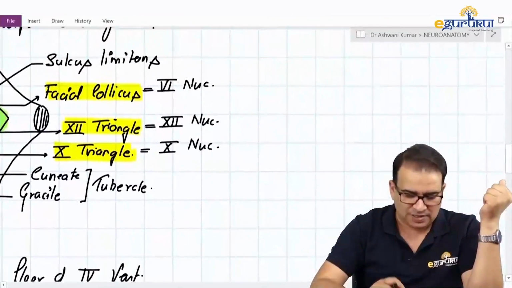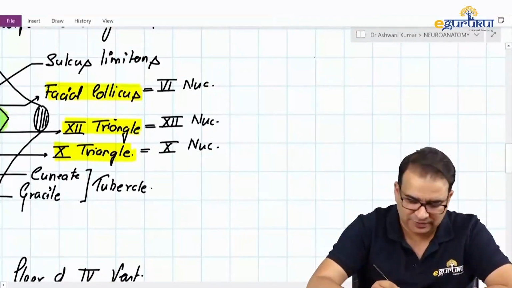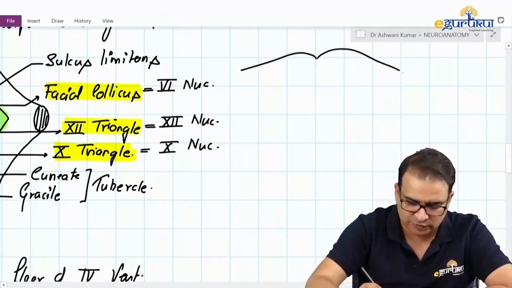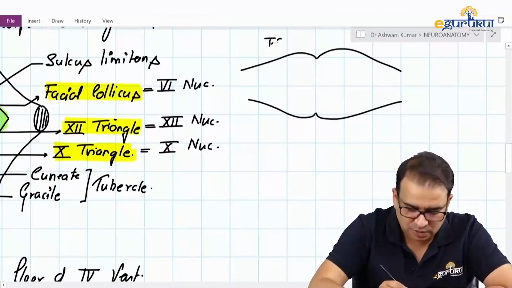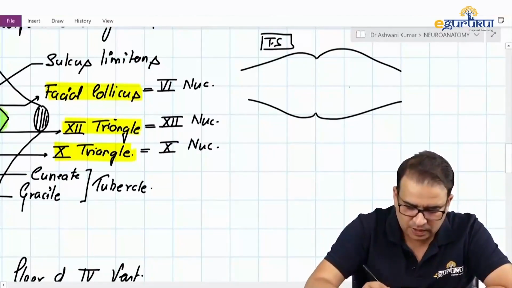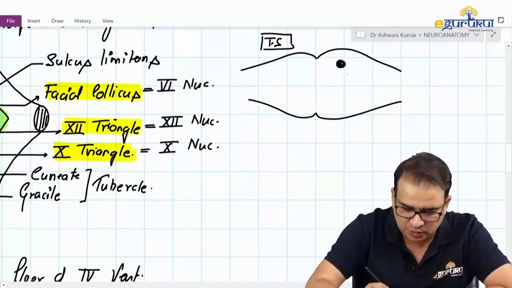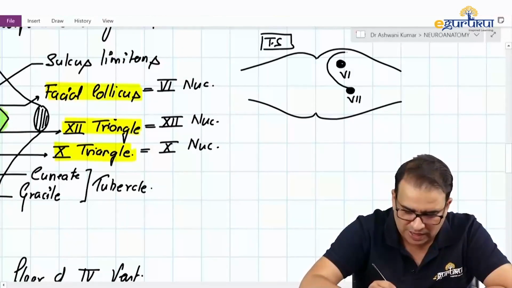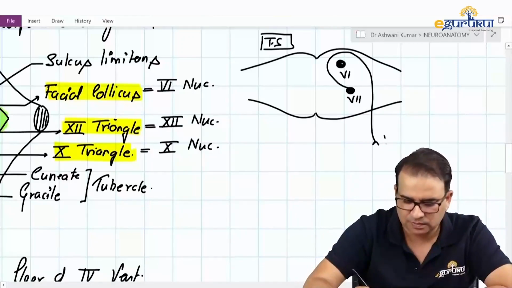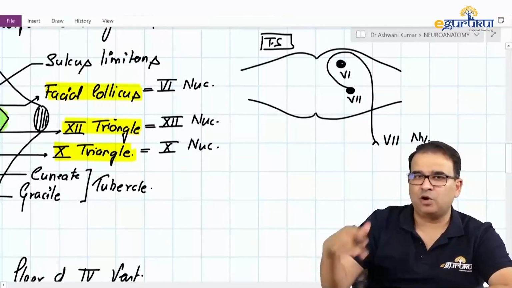What I'm trying to say is, let's say this is a section of the pons, a transverse section of the pons, which we'll be discussing in a while. Here we have the sixth nucleus, and somewhere inside we have the seventh nucleus. The seventh nerve will wind around like this and then emerge out.